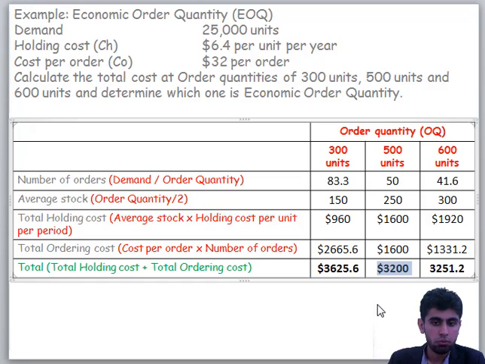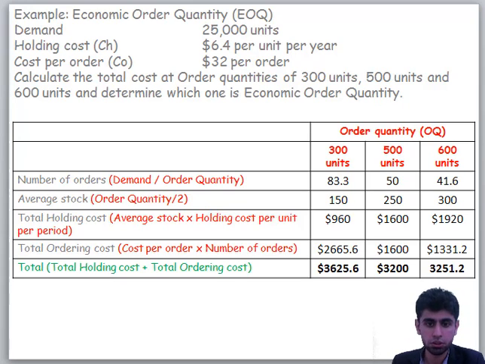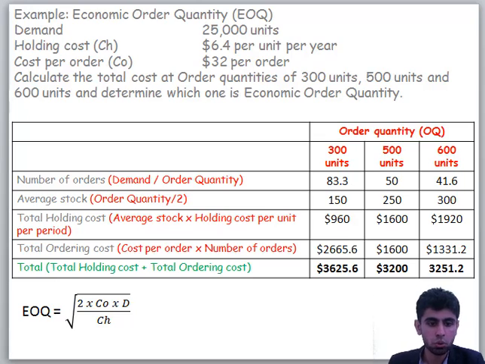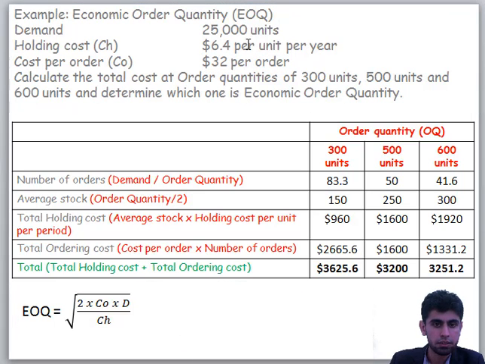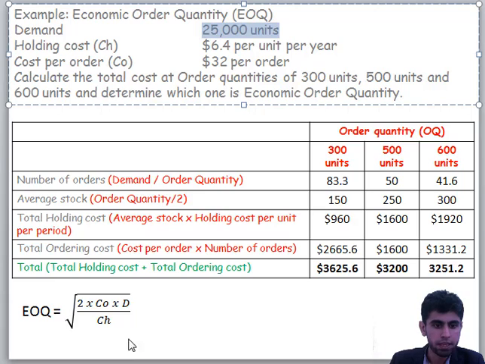Now we want to know whether the economic order quantity formula also gives us 500 units as the economic order quantity. So let's put the values in the formula. The formula is the square root of 2 times CO times demand over CH, where CO is the cost per order, which is 32 per order, demand is 25,000 units, and CH is our holding cost per unit per period, which is 6.4.